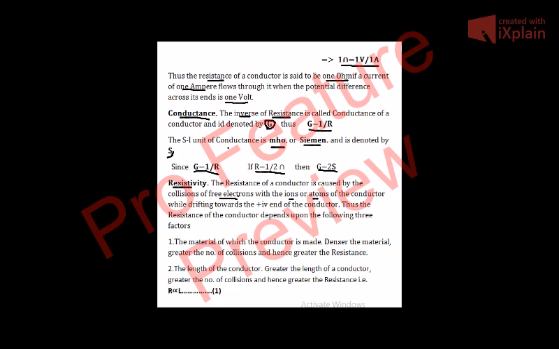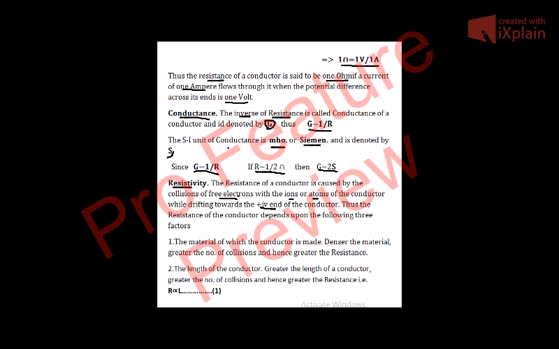Collision does not mean it directly strikes, it changes its direction. Its motion is affected by the ions, so it is a collision. The resistance of a conductor is caused by the collision of the electrons with the ions or atoms of the conductor while drifting from the negative end to the positive end.